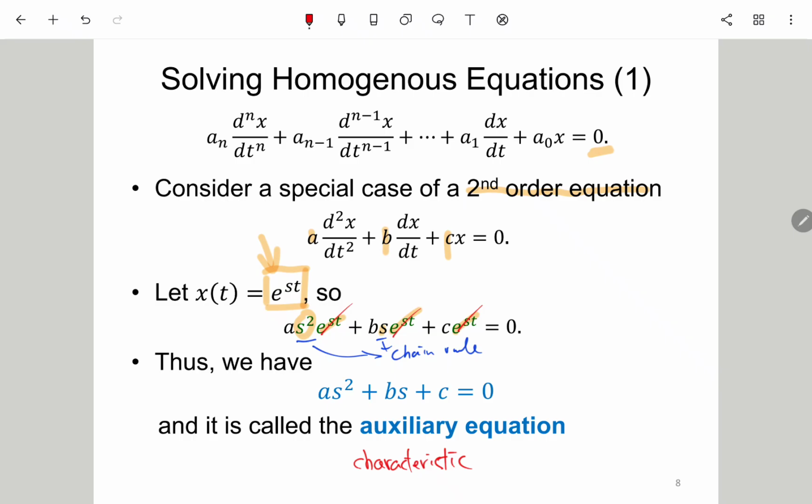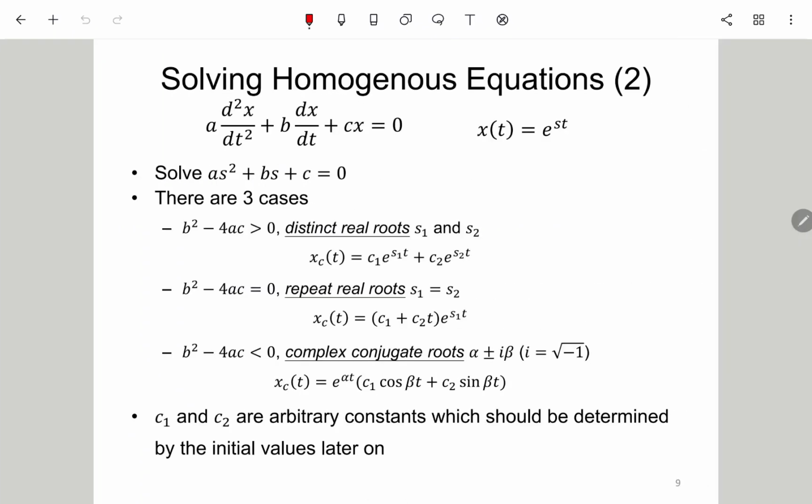I think some linear algebra textbooks tend to use the characteristic equation for solving the eigenvalue problem. Anyway, first we solve this kind of second order homogeneous equation, and it turns out to be like this, with this assumption. This one we should be able to solve, because even high school students know how to solve it.